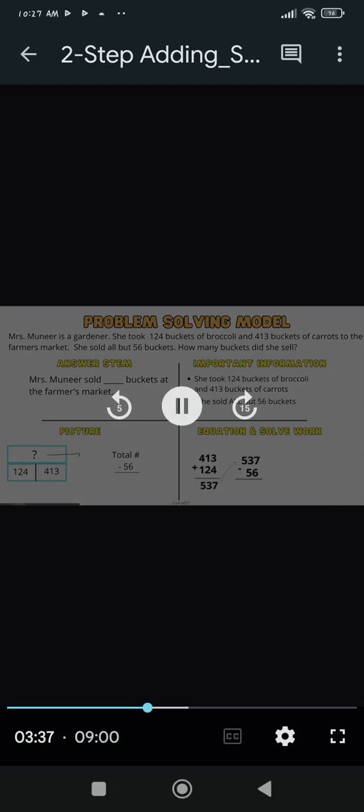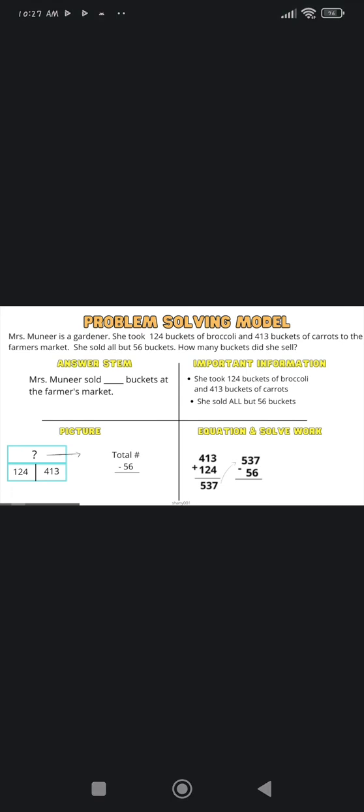And this is what the equation looks like. 537 take away 56. We know that 7 take away 6 is 1. 3 take away 5 we cannot do. So we need to borrow from our neighbor.